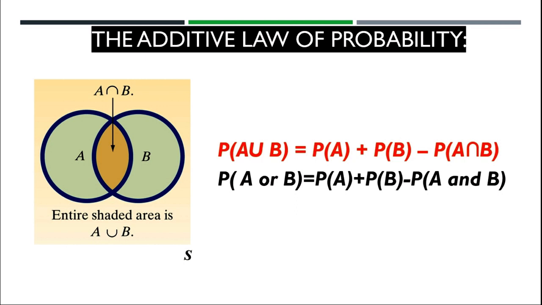So the formula is: probability of A or B, the union, equals the probability of A plus the probability of B, and then subtract the overlap A and B. We call this formula the additive rule of probability.